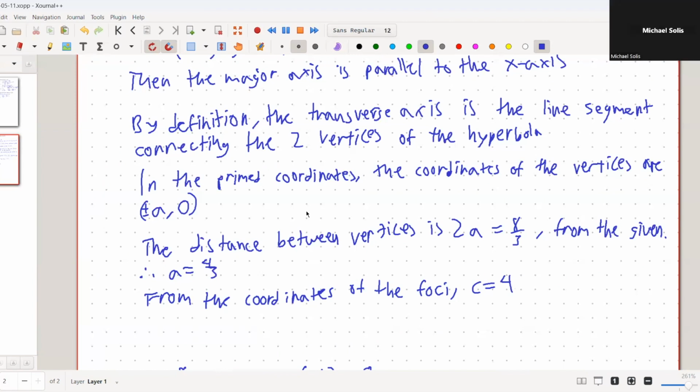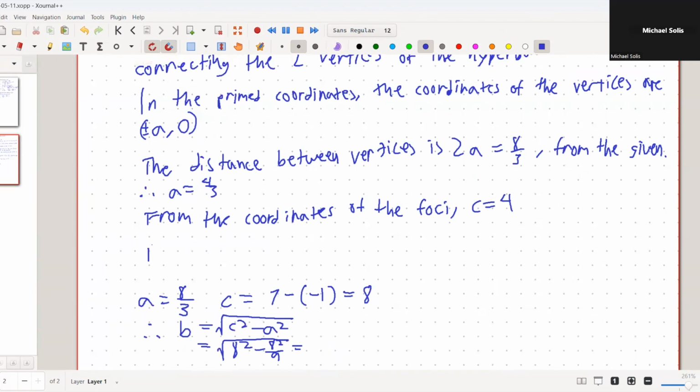Okay, we haven't defined B yet. So, the expected equation of the hyperbola. Write this down as a sentence. What is the expected form of the equation of the hyperbola in the primed system?